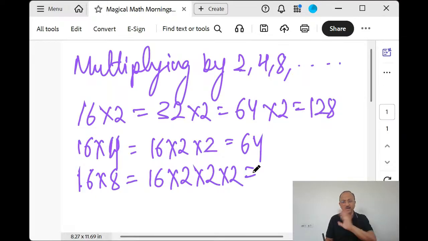Double, double, and one more time double. 16 doubled is 32, doubled is 64, doubled is 128. This is the secret of multiplying by 8. Whatever we did for 4, we extend by just one more step.